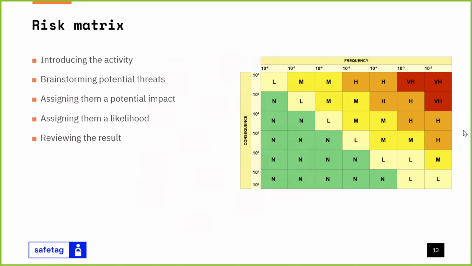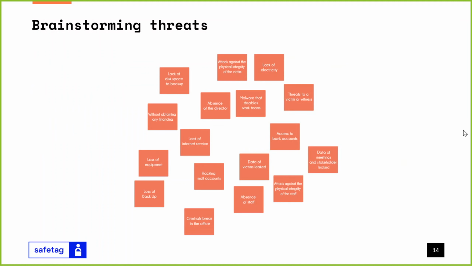So yeah, this is one example of the first step. You start asking people, are you scared of something that might happen? Yes, what is it? And then you grab a post-it or whatever other tool you have, and you put that on the wall.